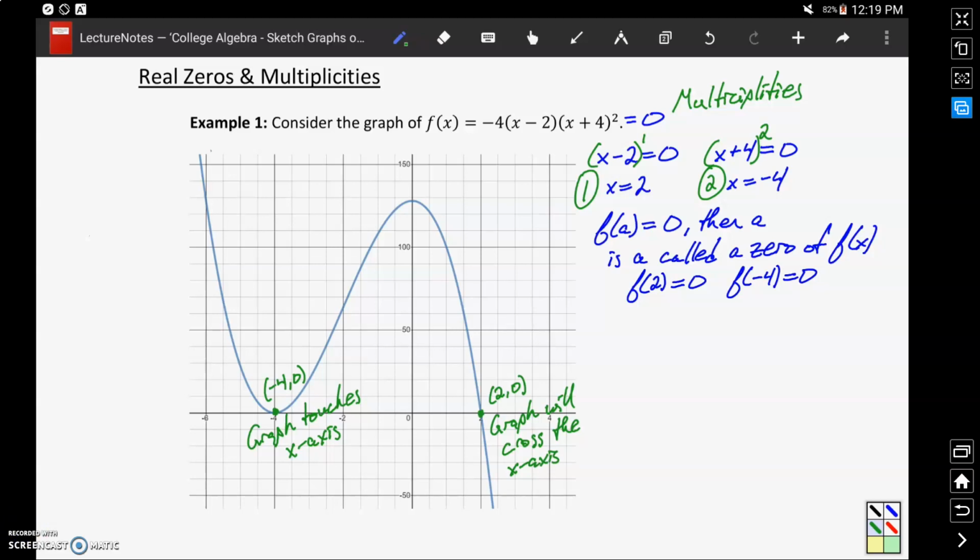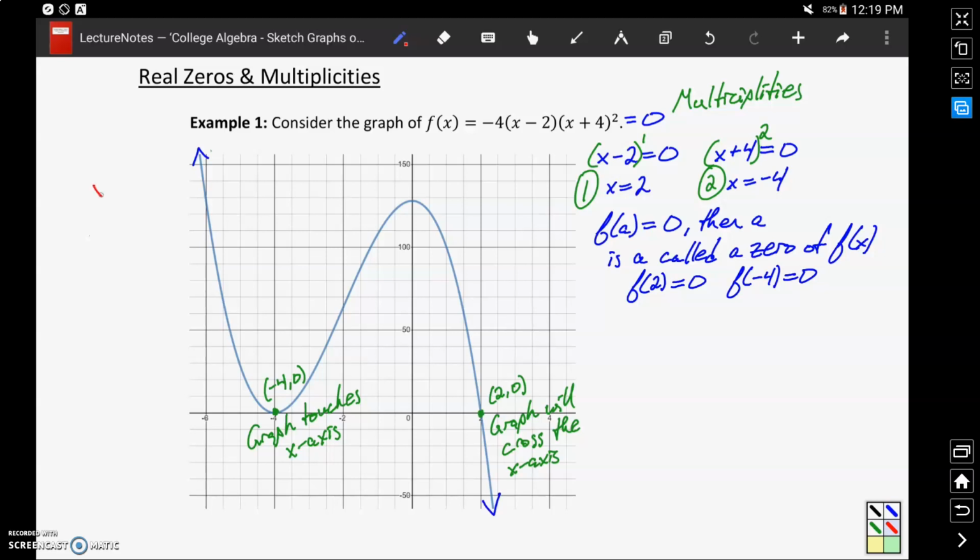We can use intercepts, or zeros, along with their multiplicities to understand the behavior of a polynomial function around those intercepts. The next thing that we can look at would be identifying the end behavior of our function.